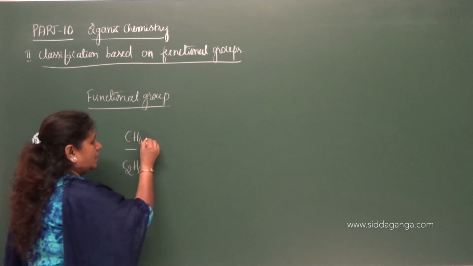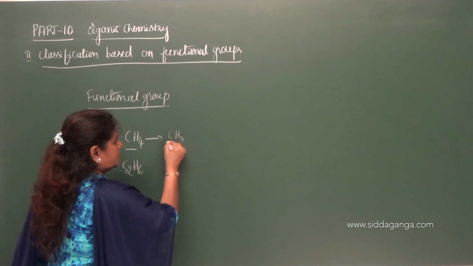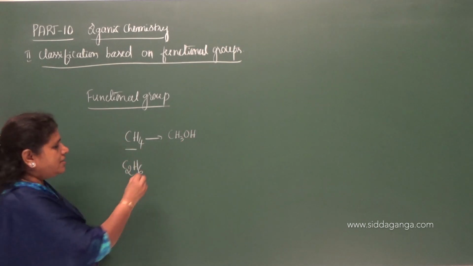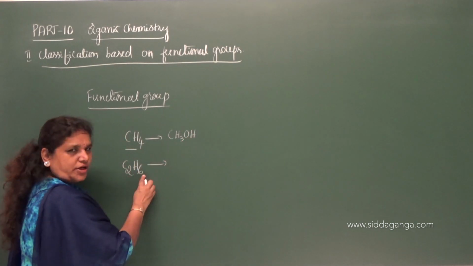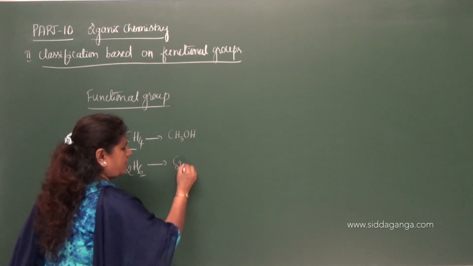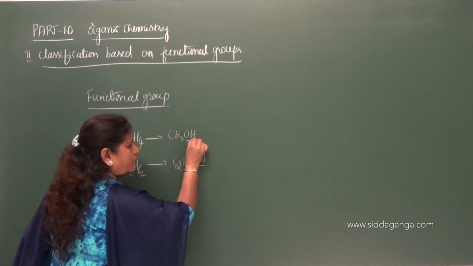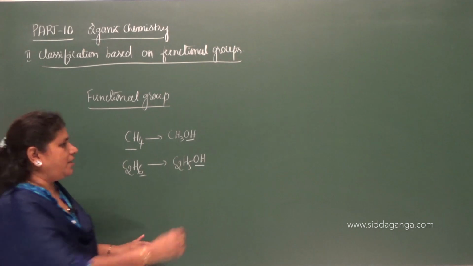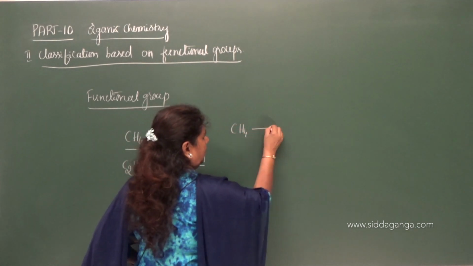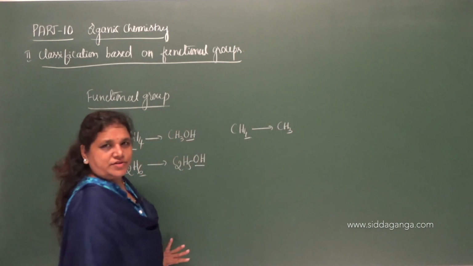So methane: remove one hydrogen and substitute OH in place of hydrogen. Similarly, C2H6: remove one hydrogen from this, you'll get C2H5, and substitute the OH group here. Similarly, take methane and remove one hydrogen, you'll get CH3.